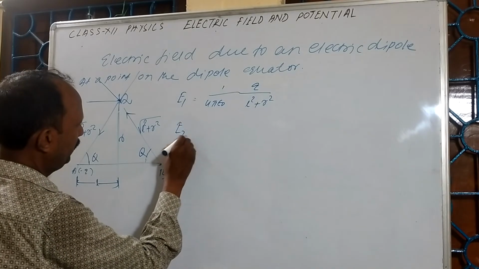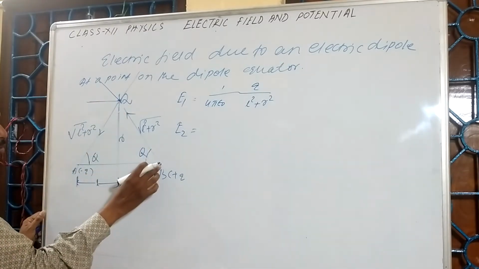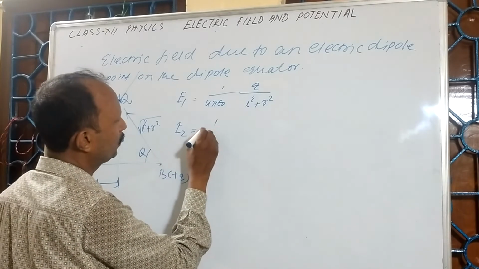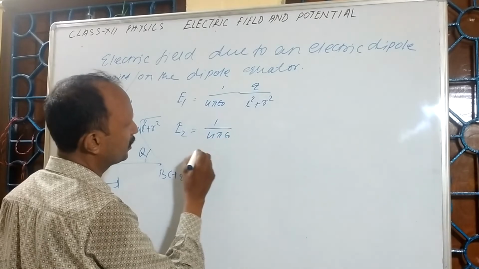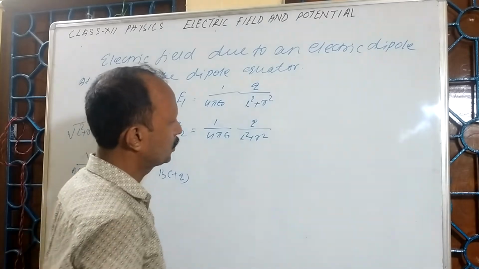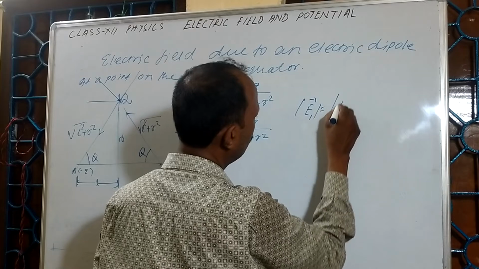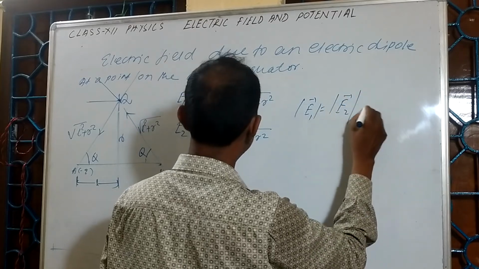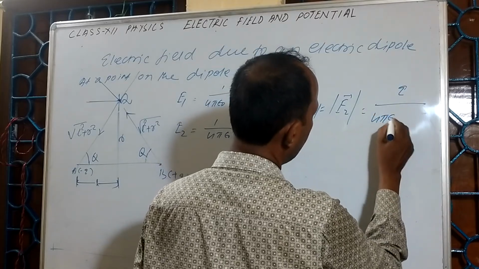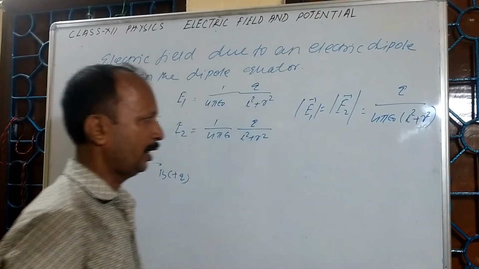Now you see E2, that means the electric field at the point Q due to the plus q charge at the point B, also will be equal to 1 upon 4 pi epsilon naught q upon l square plus r square. So I can say that E1 equals E2, which is q upon 4 pi epsilon naught l square plus r square.